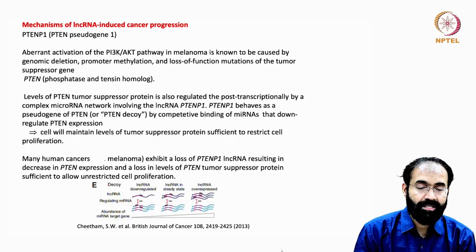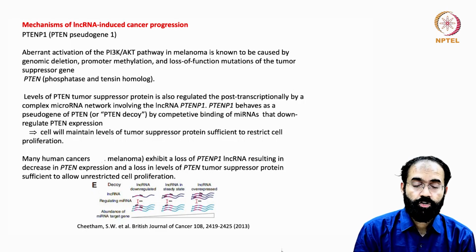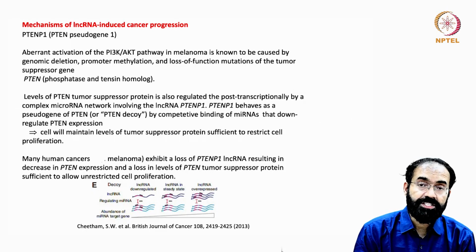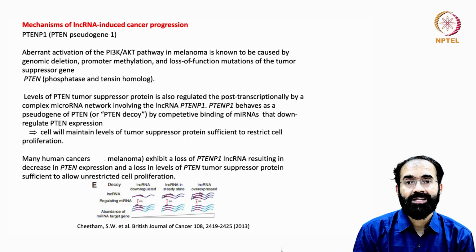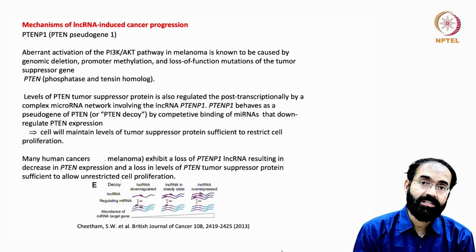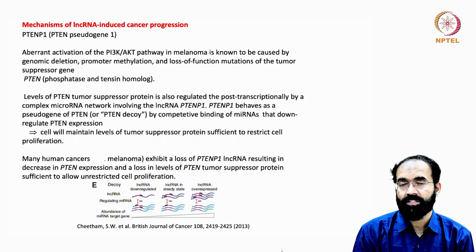So what will happen is that the cell will maintain levels of tumor suppressor protein sufficient to restrict cell proliferation. So what we can understand is that PTENP1 behaves somewhat like PTEN, but it is not doing the exact functions that PTEN is capable of doing.